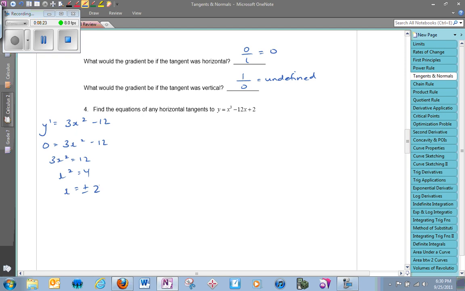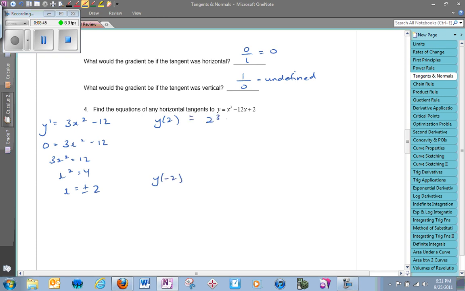But now it's telling you find the horizontal tangents, which means that these are lines, horizontal lines on the graph. Well, keep that in mind as you go through the question. I need to then find the rest of the point, so I need to find y at 2 and y at negative 2.